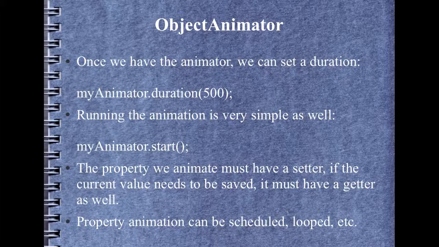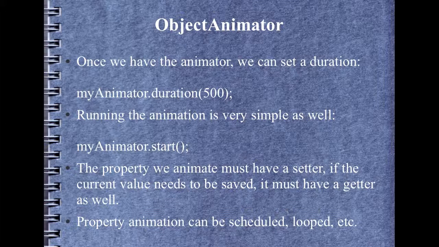If we need to get something out of that animation, maybe to save it for the next animation, then it needs to have a getter as well. We can schedule property animation. There are ways to set up multiple animations and then tell them to run before or after this animation or that animation, and we don't have to do that whole offset thing that we do with view animation.